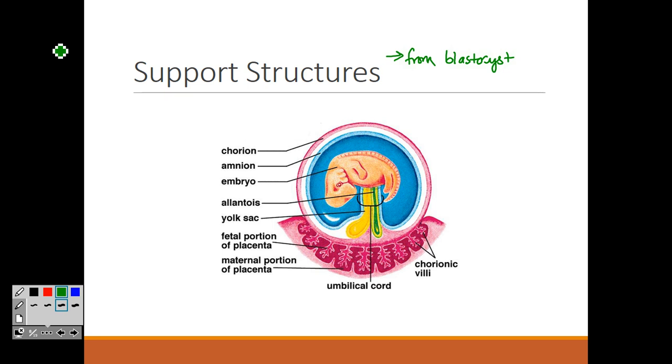Now, if we start over on the side with the chorion, hopefully you can see that if I were to look at those layers in a relative way, the chorion is the outer layer. So we'll put chorion, we'll call it number 1.